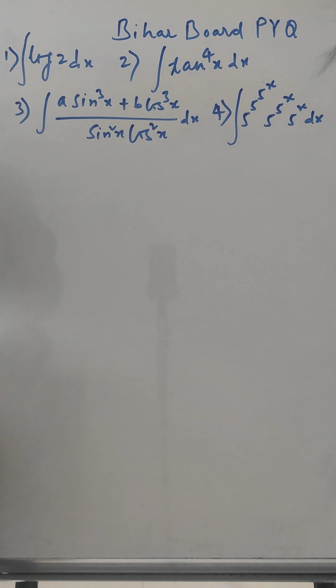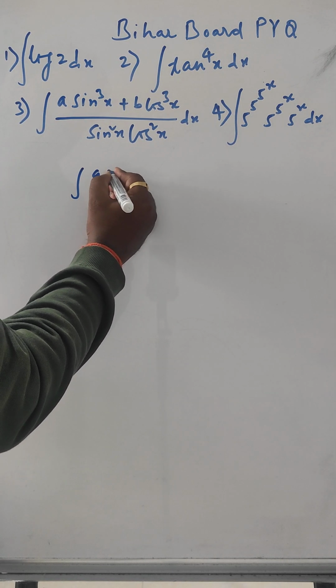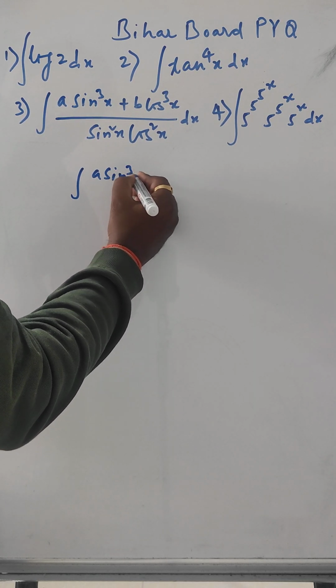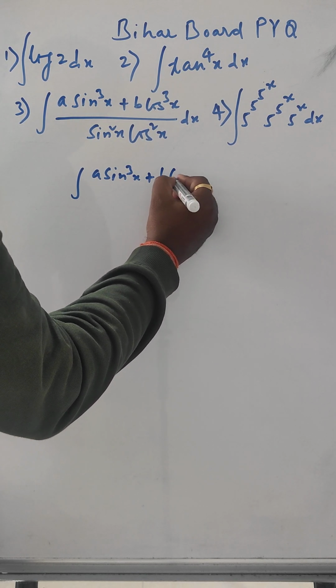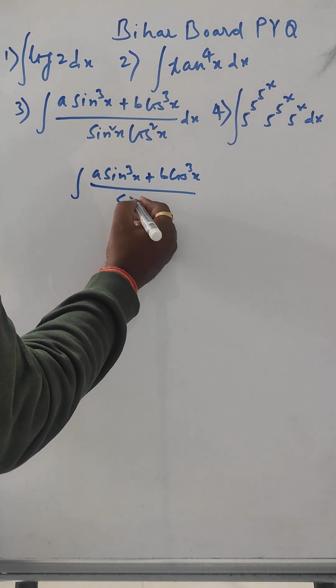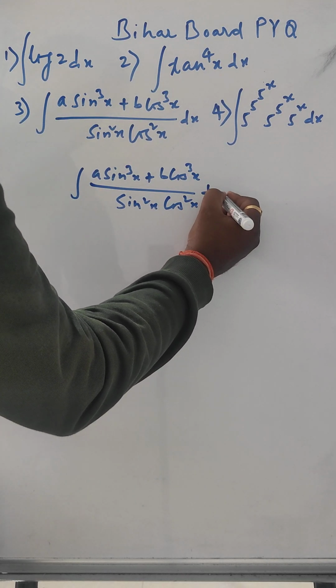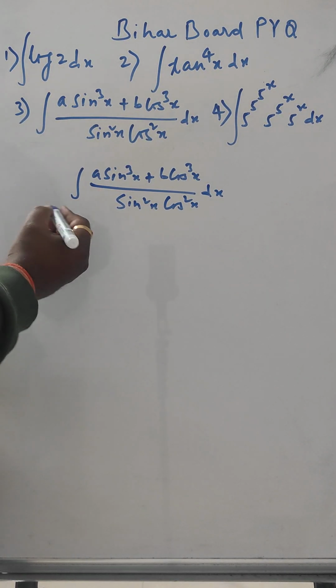Okay, so the third one is (a sin^3 x plus b cos^3 x) divided by sin^2 x cos^2 x dx. Now what can we do?